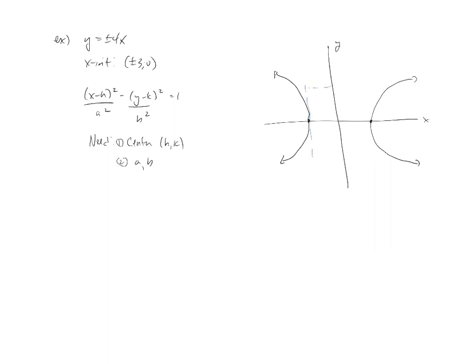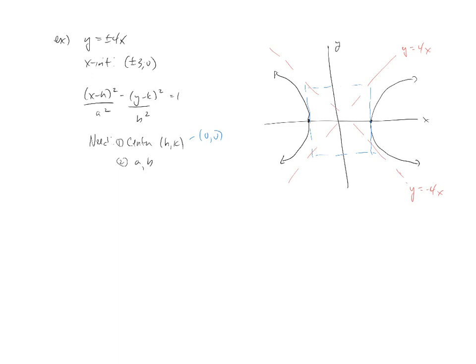So I would do your best just to sketch a rough box in there. And then the asymptotes that we're speaking about would be these right through here. This would be y equals 4x, and this would be y equals negative 4x at that point. So I think from the picture it's pretty clear that we have a center at (0, 0).